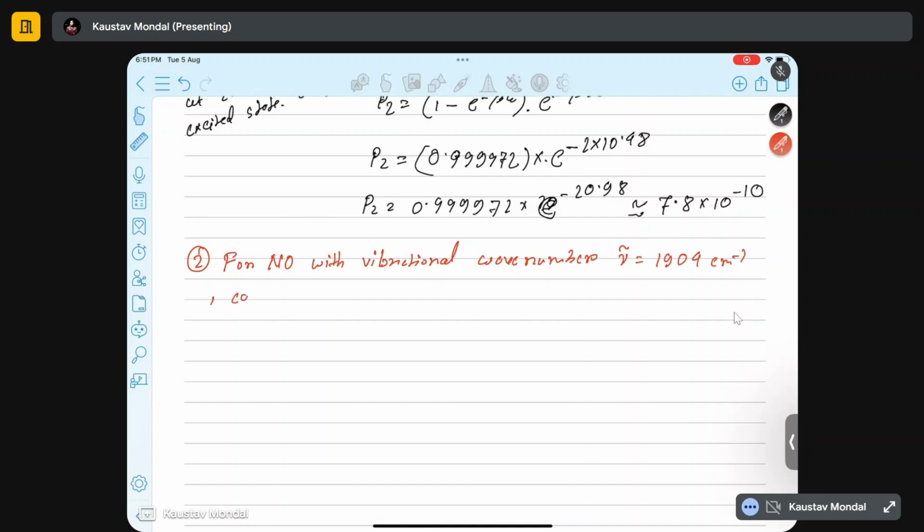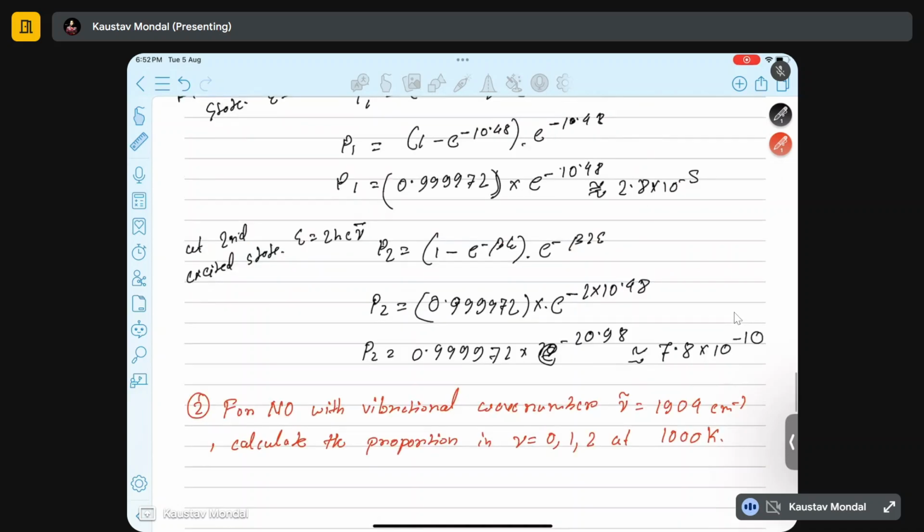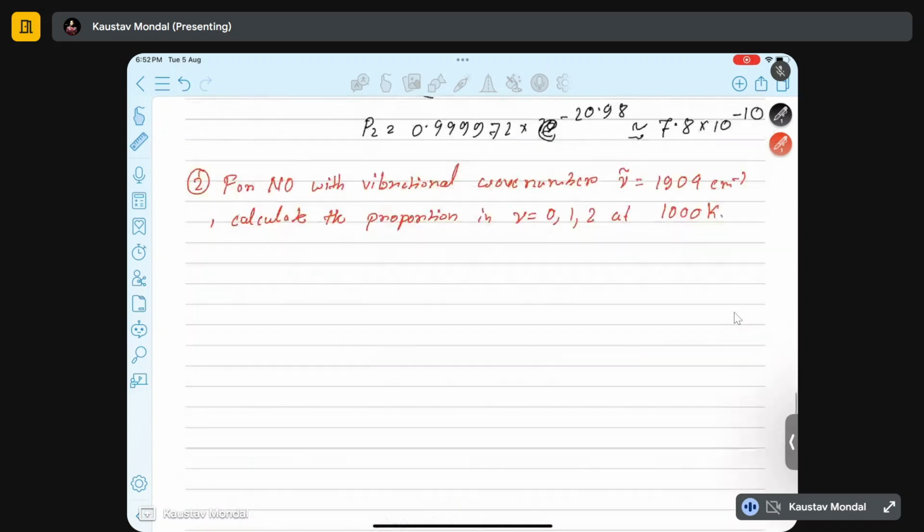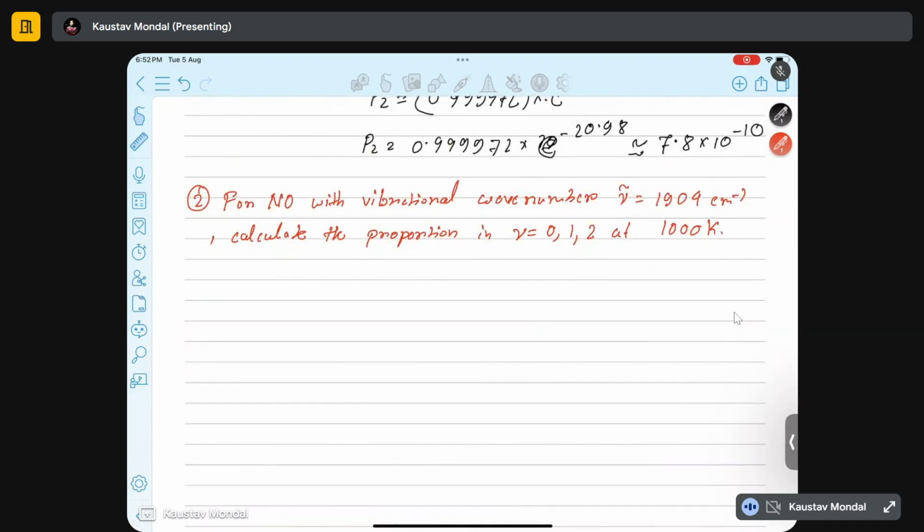Now given that, calculate the proportion in nu equal to 0, 1, 2 at 1000 Kelvin. Okay. So now here you can see the temperature rise, very high temperature, 1000 Kelvin, right? Previously we were dealing with 298 Kelvin. So let's check what happens at this type of temperature.